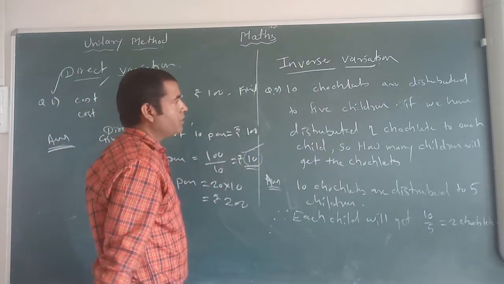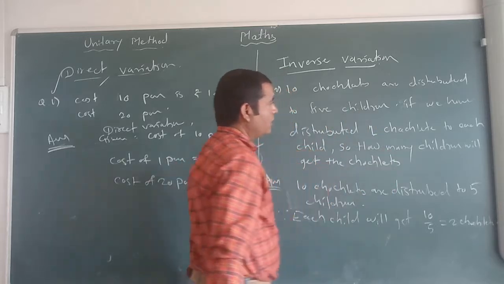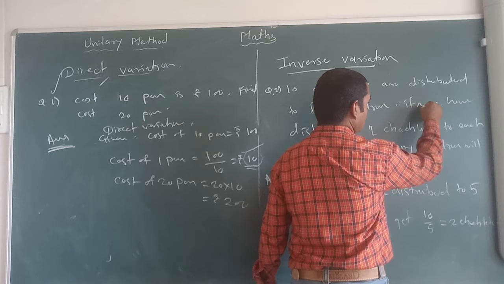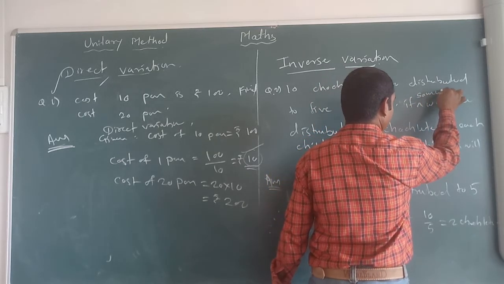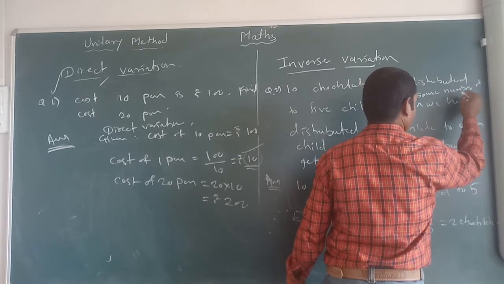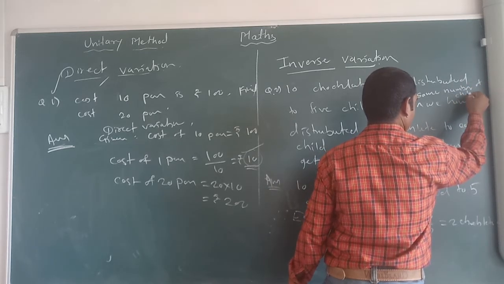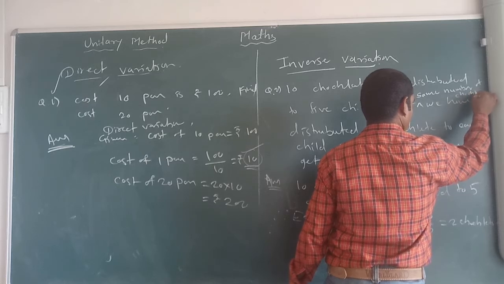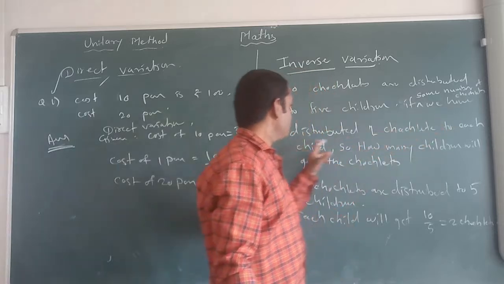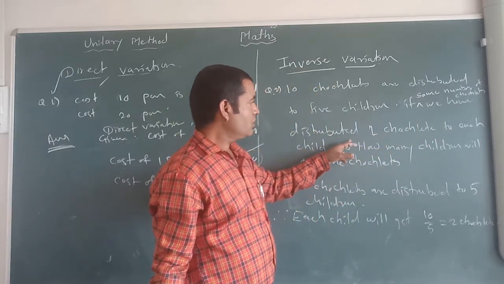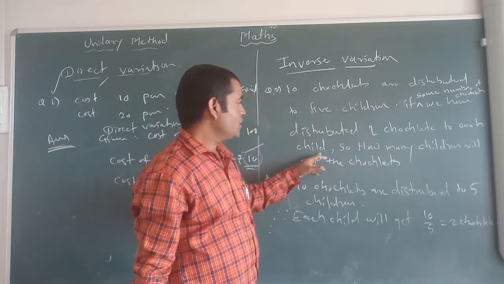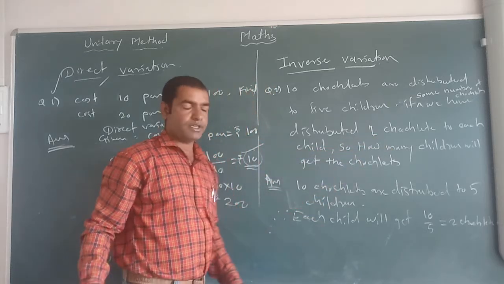And here I forgot to write down the same number of chocolates. If the same number of chocolates is distributed, one chocolate to each child, how many children will get the chocolates?